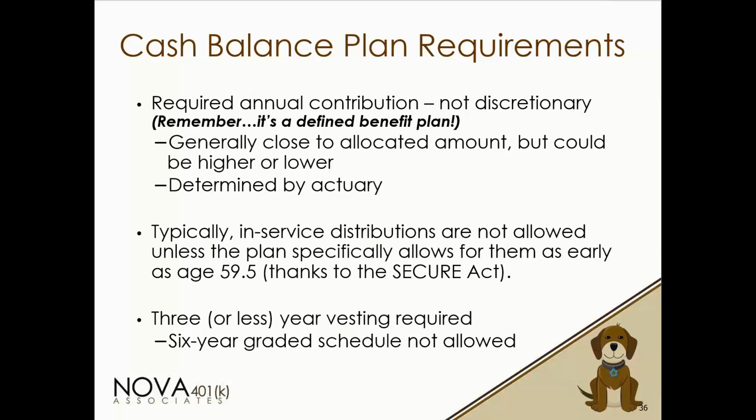You keep that in the 401k plan. Vesting, you cannot use a 6-year graded vesting schedule like you can on a DC plan. You have to use a 3-year cliff vesting or something better than that. So you can do a 2-year cliff, you can do immediate vesting, but it needs to be a 3-year 100% vesting cliff or better.